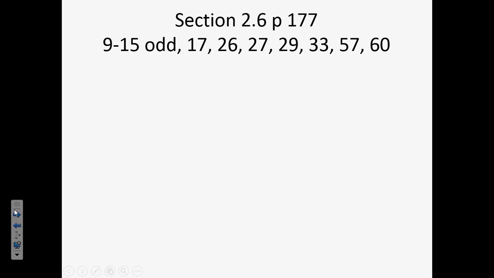If you see that your power in the numerator is bigger than the power in the denominator, skip them for now. 9 through 15 odd, 17, 26, 27, 29, 33, 57, and 60. Well, do what you can, and we'll pick up on the other couple things.